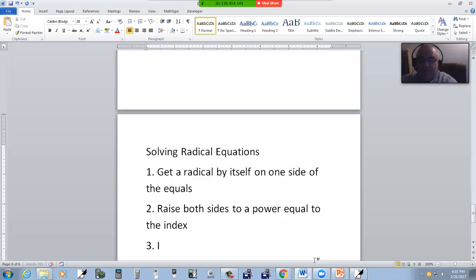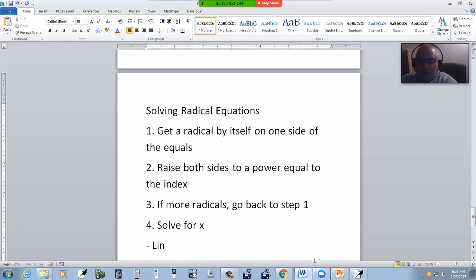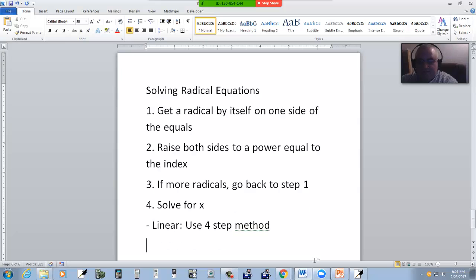Step 3, if more radicals, go back to step 1. Step 4, solve for x. That's pretty vague, but at this point it could be a linear, and you use the 4-step method we've looked at earlier, or it could be quadratic and you use the zero product property, the zero factor property that we looked at earlier.